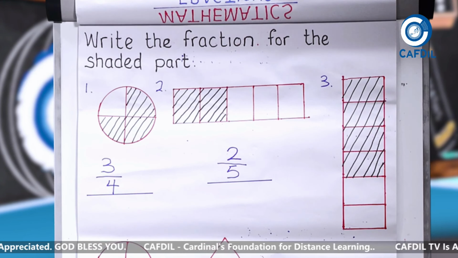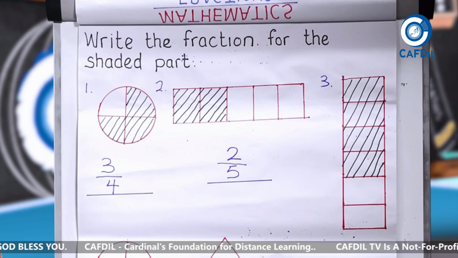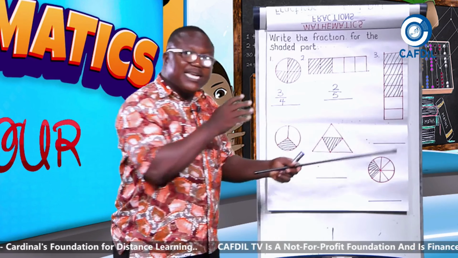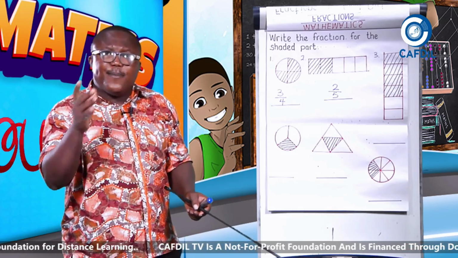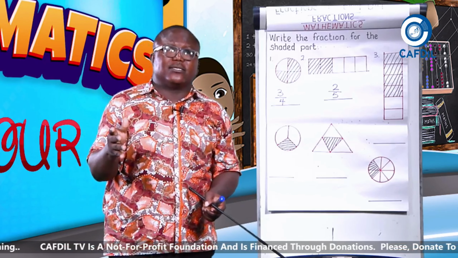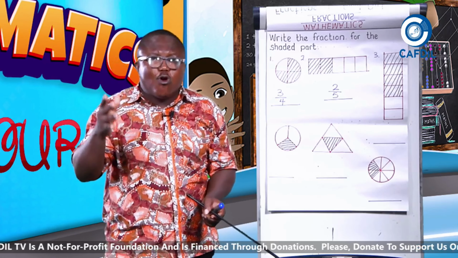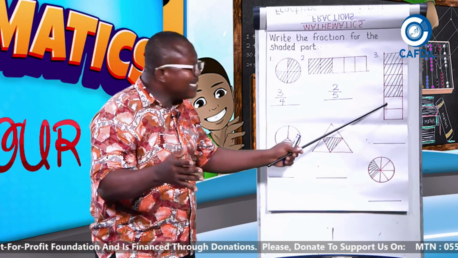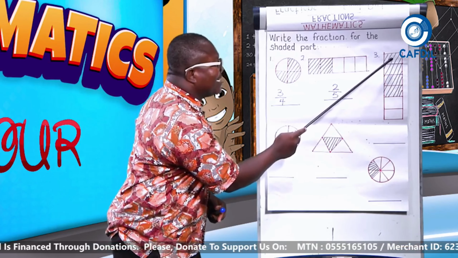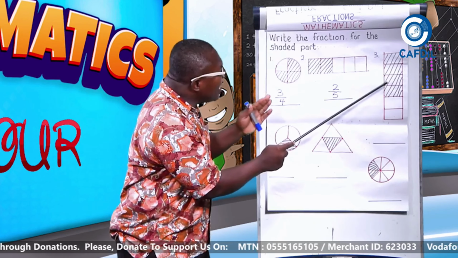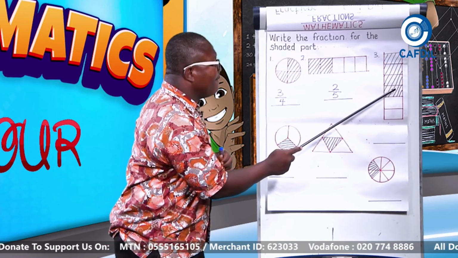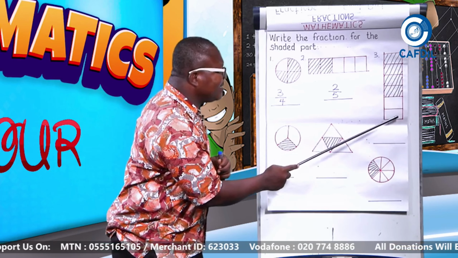First, let's look at how many equal parts this rectangle has been divided into. That is the first thing we are supposed to look at. So we are going to look at this rectangle has been divided into how many equal parts? 1, 2, 3, 4, 5, 6.